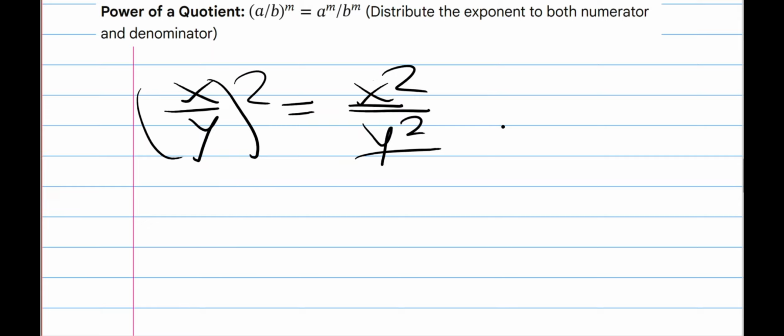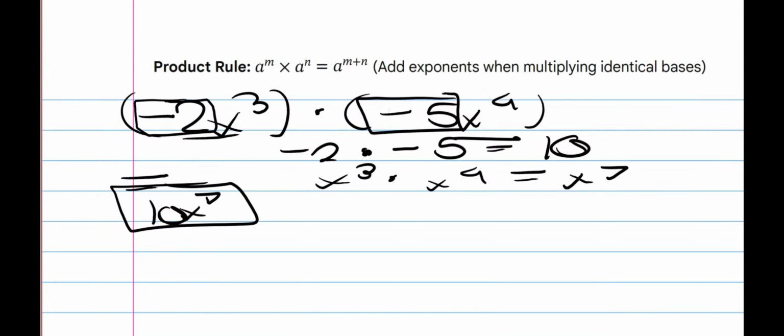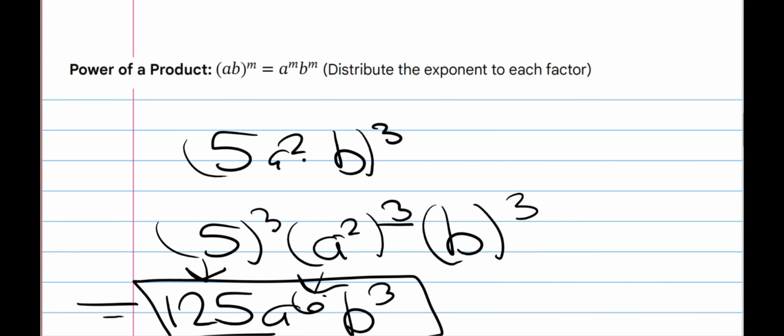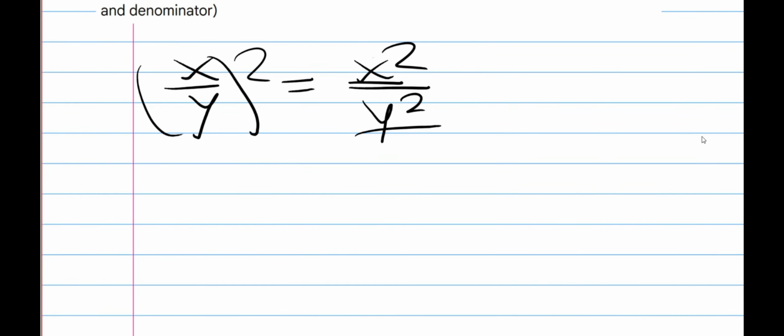And remember the first rule, the product rule, where you add exponents with the same base, and the quotient rule, where you subtract exponents when dividing the same base. That's all you need to know there. But this is the final answer.